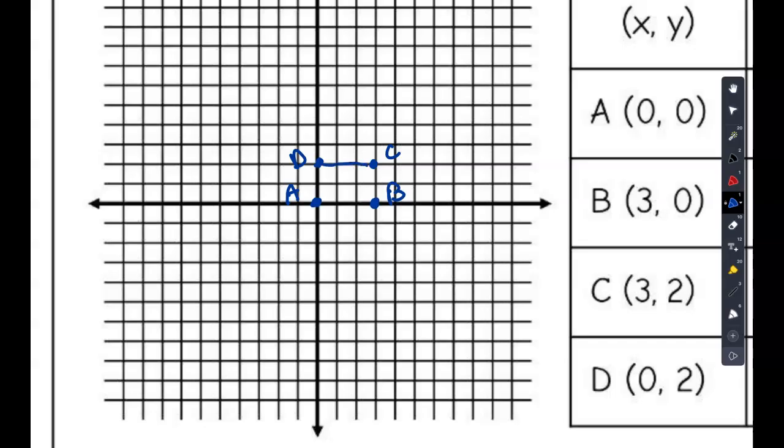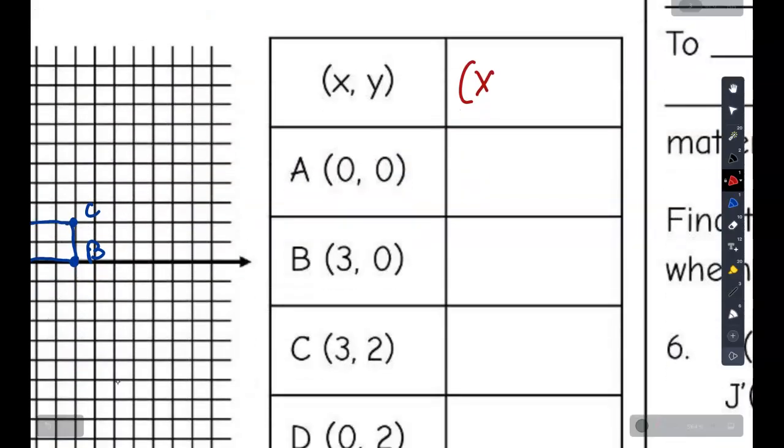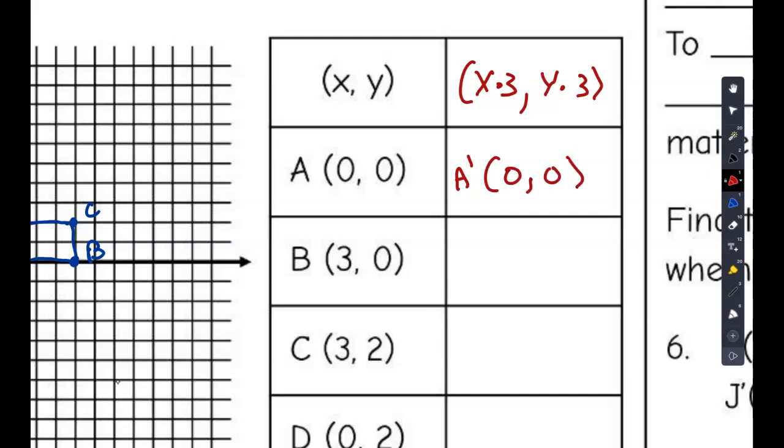All right, I'm going to connect my dots here. All right, now I am going to change colors, and I'm going to take the X and multiply it by 3, and take the Y and multiply it by 3. Okay, so see if you can figure out what A prime would be. All right, you should get 0, 0.